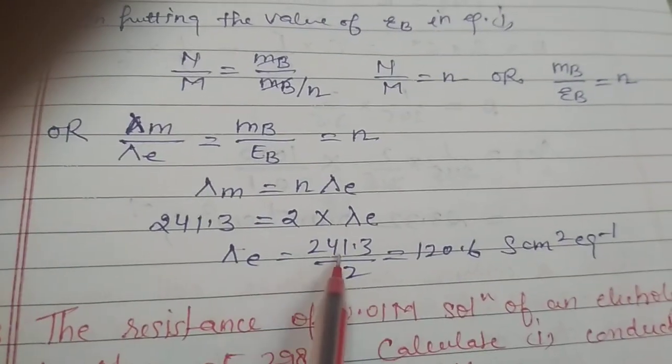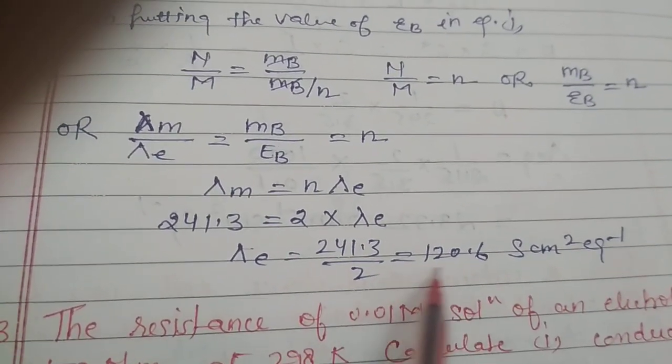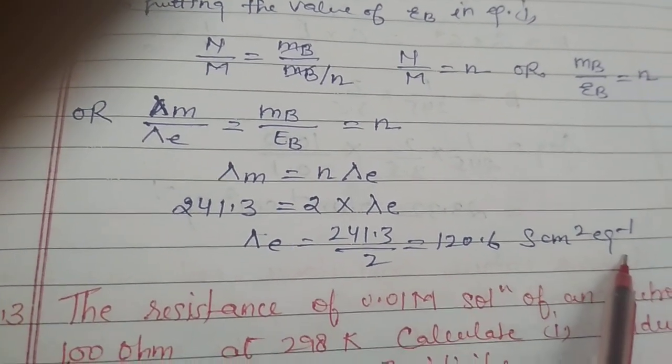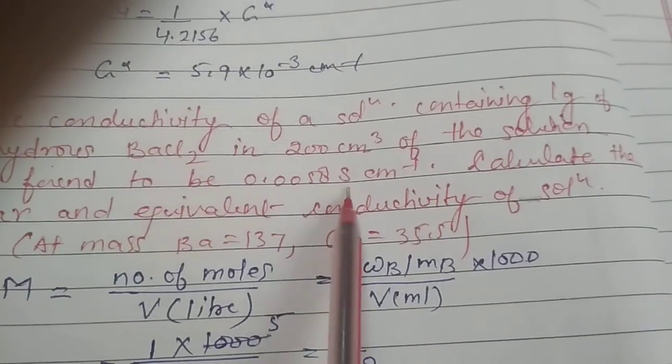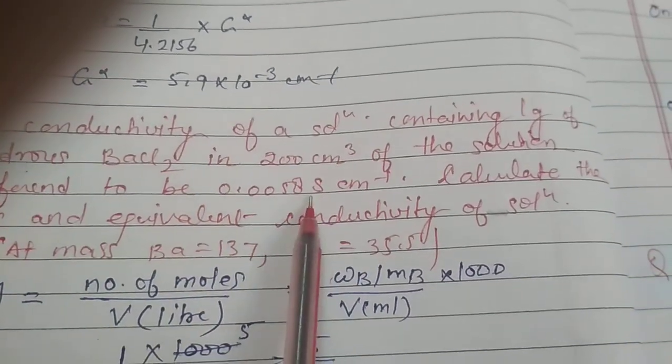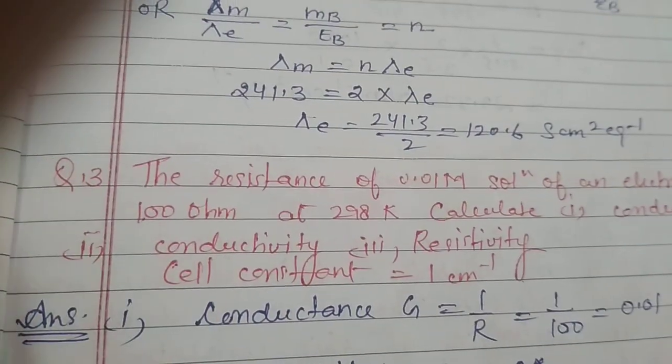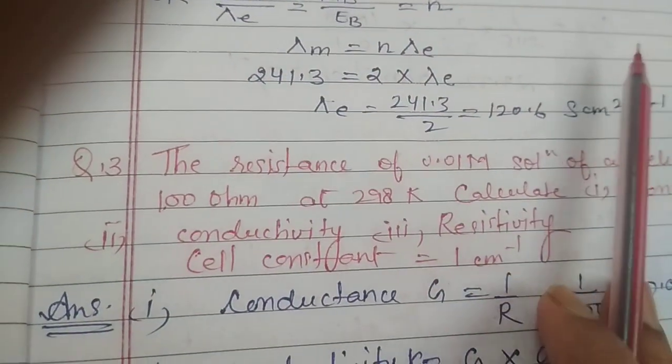Lambda e would be equal to 241.3 upon 2, that is 120.6 Siemens centimeter square equivalent inverse. Because we have been given the value in Siemens, we'll put the same unit here in the answer also. If we have been given the ohm inverse, then we have to write the ohm inverse here. We have to remember that we are to write the same unit as given to us.